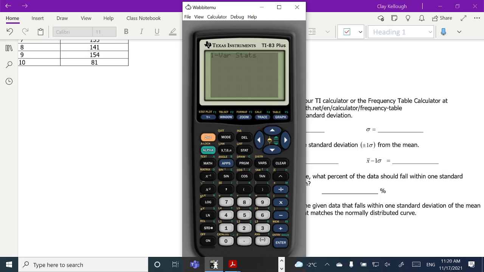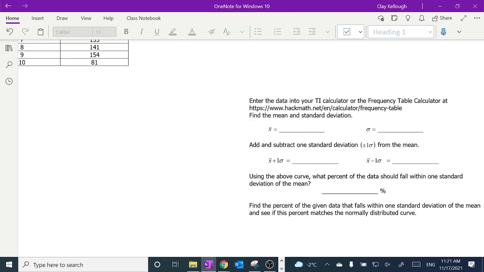But there's two things that we have to worry about. There's L1, which is the list of all of the shoe sizes, and then put comma L2, and the calculator knows that those L2 numbers are the frequency numbers, and then it does all the calculating for you. And there it is. My mean is, I'll round to 2 decimal places, 7.81 is my mean.